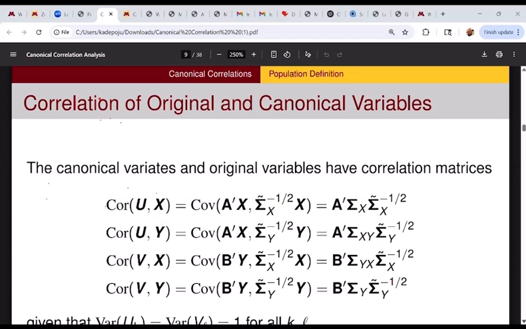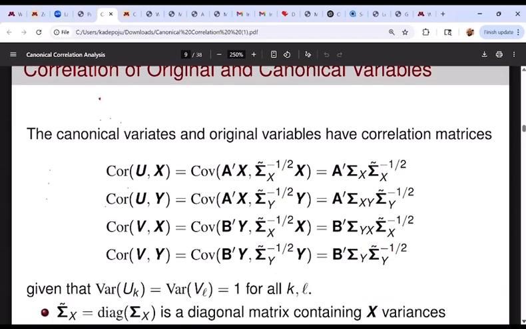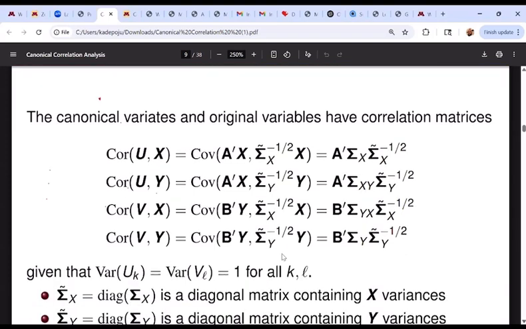With the fact that the variance of the linear combination derived from X is the same as the variance of the linear combination derived from Y, they are all going to be equal to 1.